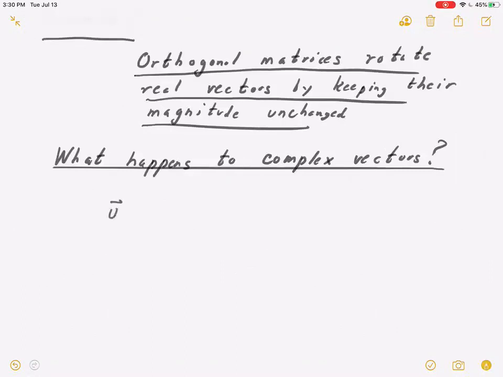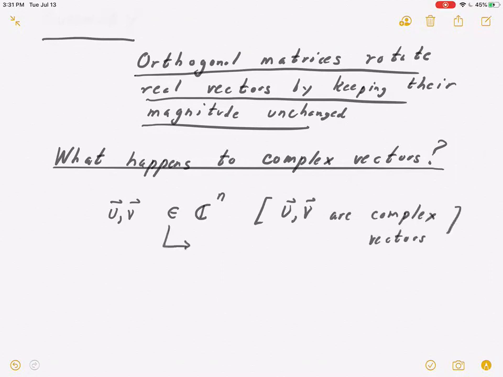So, suppose U and V are complex vectors, where this epsilon symbol means belongs to the set. And complex numbers are different than real numbers.